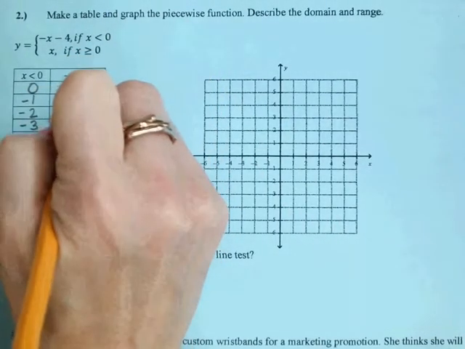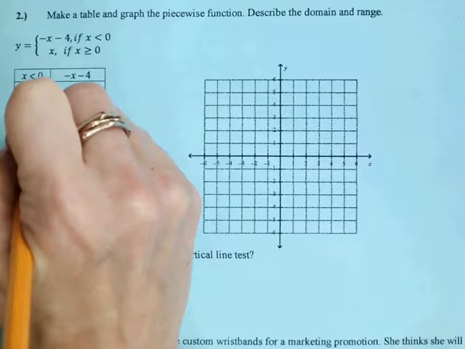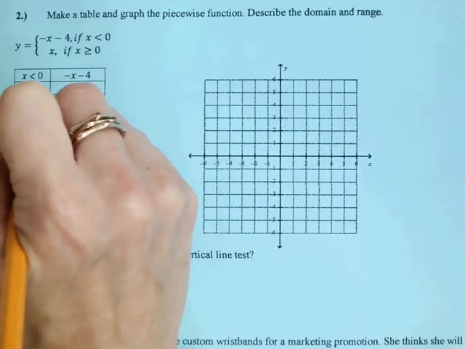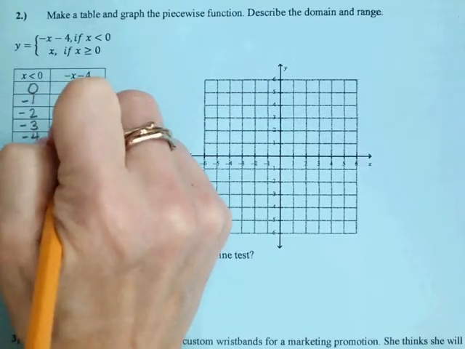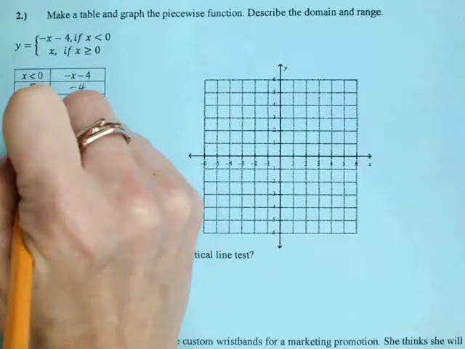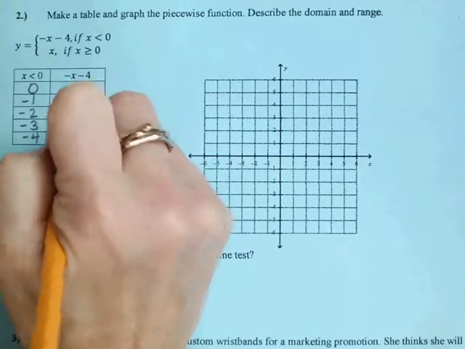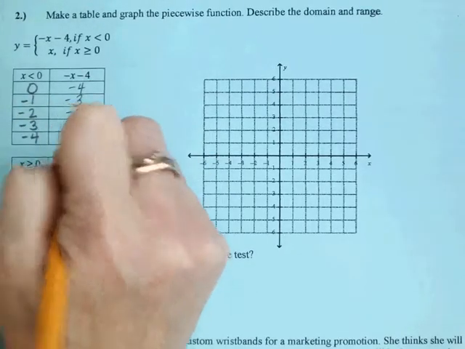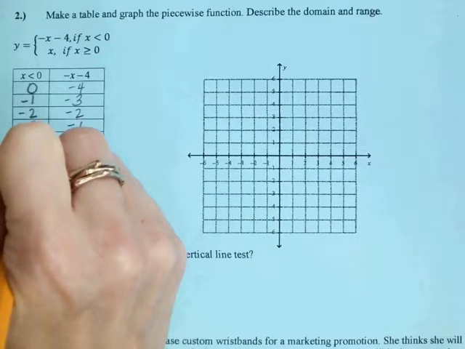And so we get negative 4. We have minus a negative 1, which is a positive 1. Minus 4 is negative 3. Minus a negative 2 minus 4 is negative 2. Minus a negative 3 minus 4 is negative 1. And minus a negative 4 is 0.